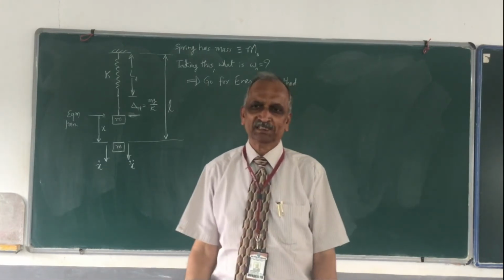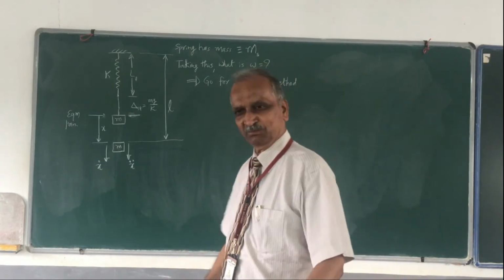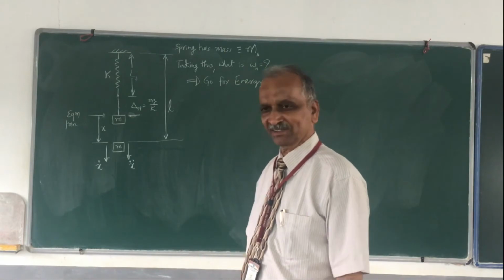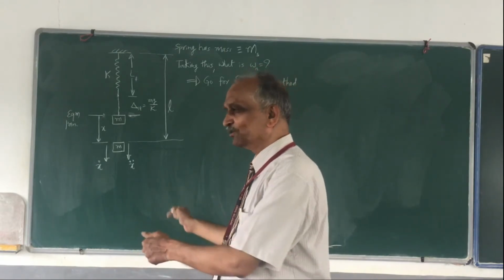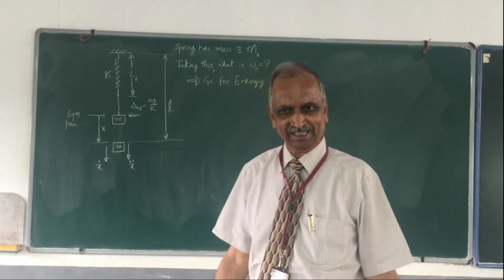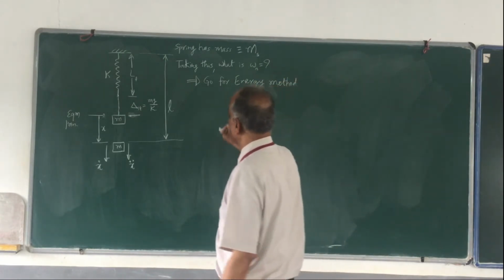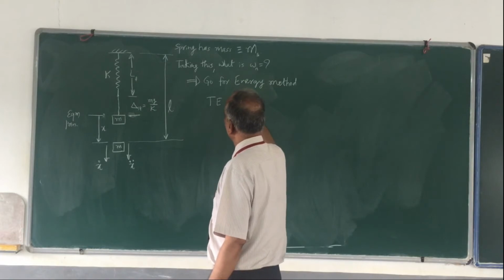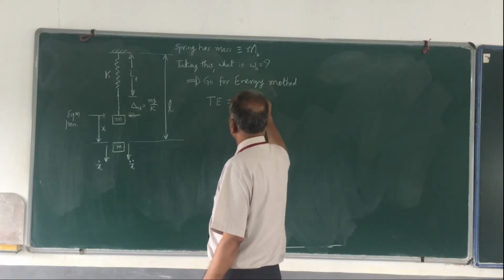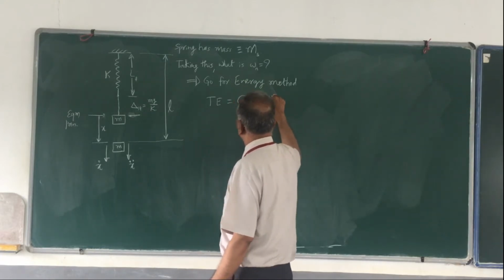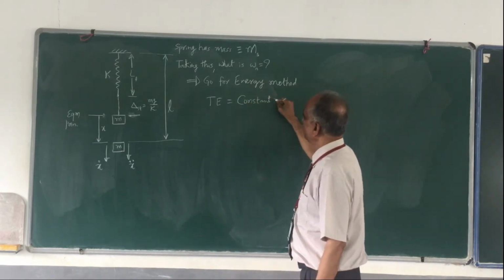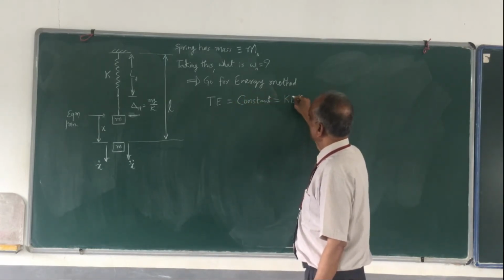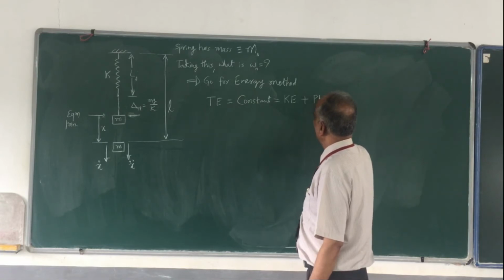The total energy is constant. Total energy is equal to constant, which is the sum of kinetic energy plus potential energy.